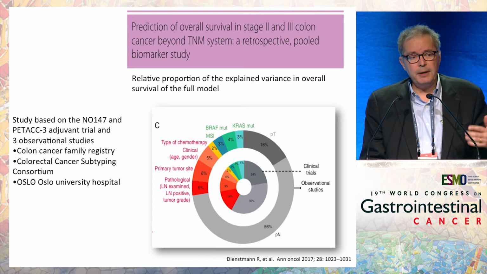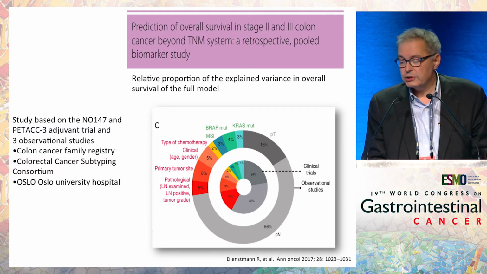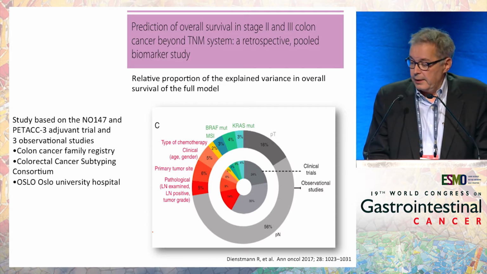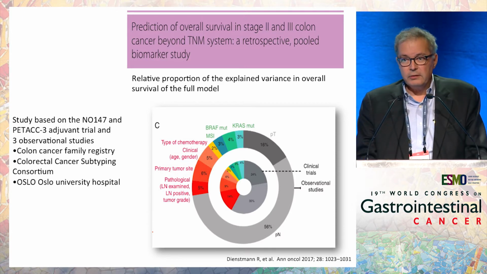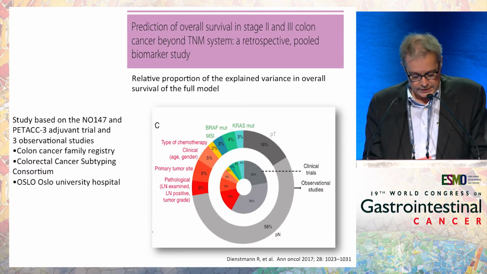And this part of the variance explained by the MSI phenotype is in the same range as what is observed for BRAF mutation or KRAS mutation. So we explain, in fact, only 3% of the prognosis by the MSI phenotype.